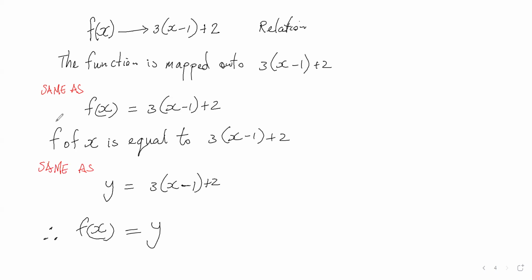I know people are writing this down. You have to take off this relation part, because this is now a function. A function is a relation that maps each element in the domain onto one and only one element in the range. That's a function. There's more to be explained, but as we go along, I'll explain it even better. All right?